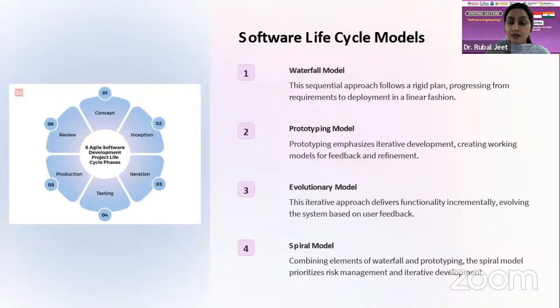So for the software development life cycle, we need to understand more about the waterfall model. We have different models: the waterfall model, prototype model, evolutionary model, and spiral model. One by one, if we discuss the waterfall model, it is basically for a small-sized product or small-sized website development, right?